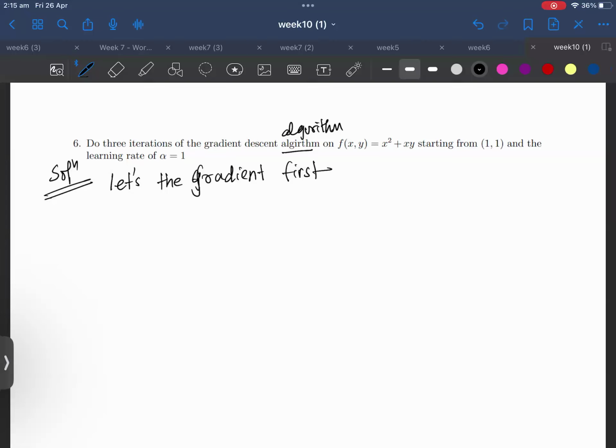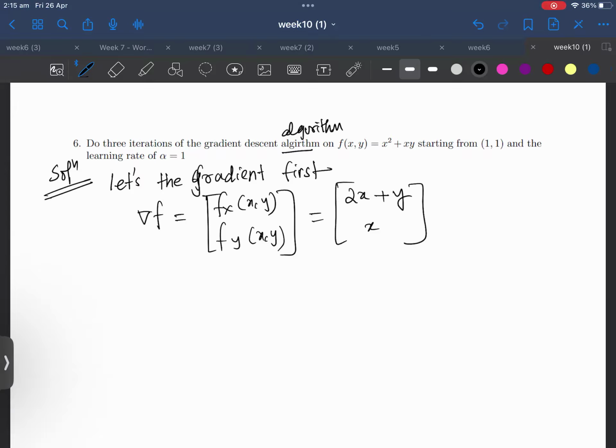Gradient first, which is the gradient of f: 2x plus y, and x, evaluated at x naught and y naught, x0 and y0. Here is the starting point, the initial point 1 and 1.